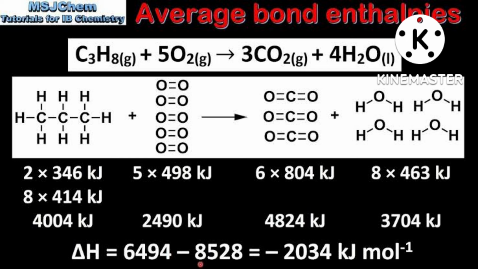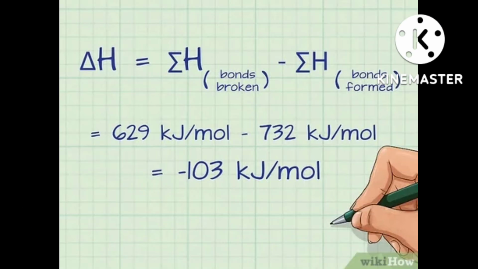Then 891. Actually, you keep pen and paper with you. Important things at least you should note down. C triple bond N is 891 kilojoule per mole.